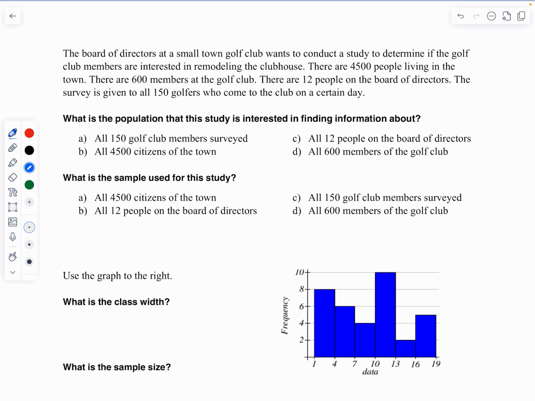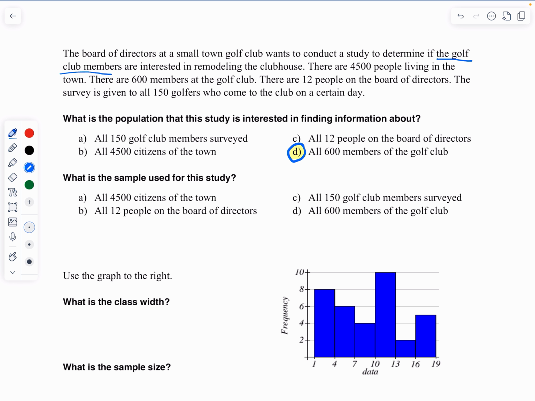What is the population of the study interested in finding information? The population is the actual members of the golf club. So I'm going to go with D here, all 600 members, because those are the ones being affected. They're looking at golf club members, right?